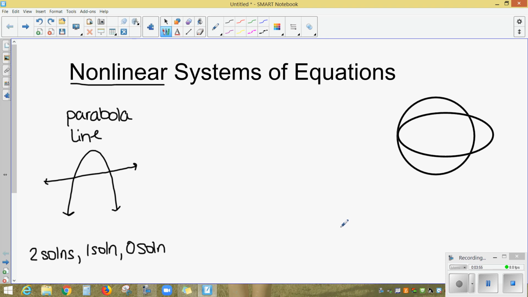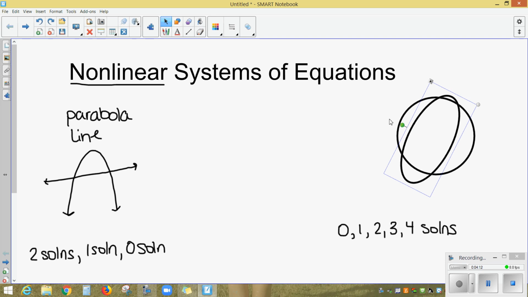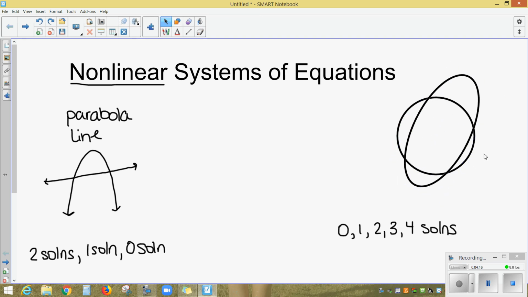So if we make our list, we found a way to where they didn't intersect at all. We could make them cross once, or twice, or 3 times, or 4 times. Okay, any and all of those are possibilities, but no matter how I twist and turn and stretch and shrink, I don't really see a way that I could make them intersect more than 4 times.